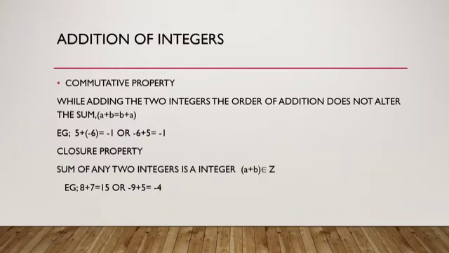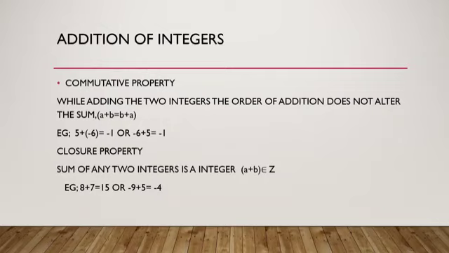Now, before looking into a few sums, let us first read about some of the properties that are concerned with the addition of integers. The first property that we are going to read is the commutative property. What is a commutative property? Irrespective of the position of the integers, the answer that we get remains the same. For example, if I write 5 plus -6, our answer is -1.